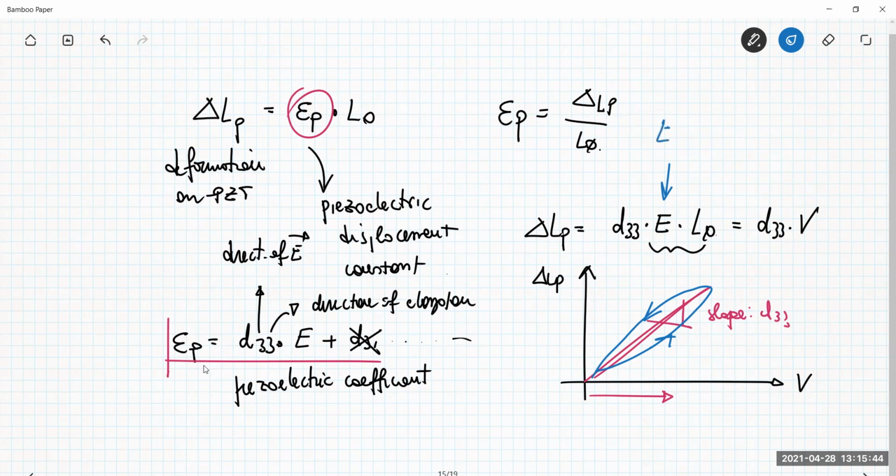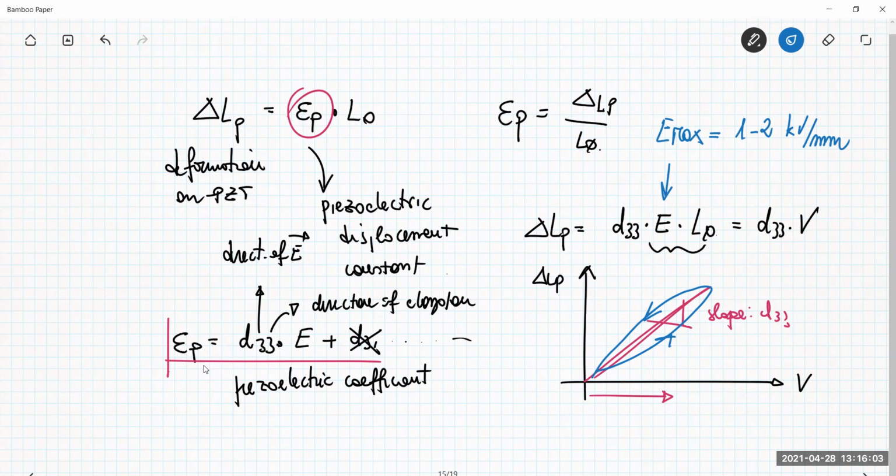So you have a maximum electric field, in the range of 1 to 2 kilovolts per millimeter. So you are allowed to apply an electric field to these piezo materials up to this value.